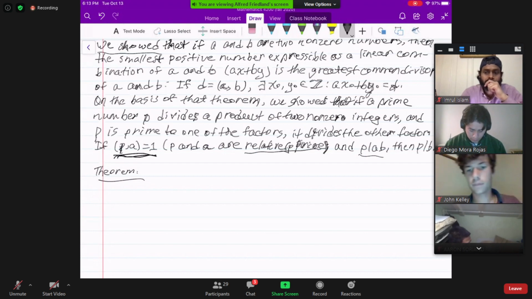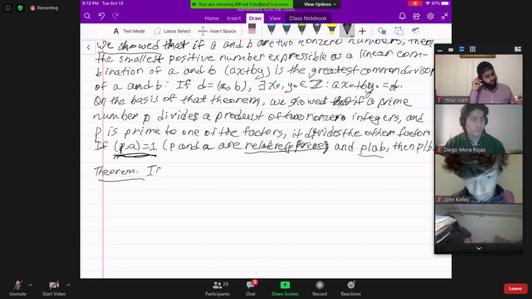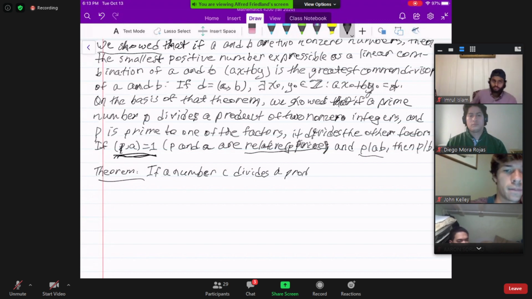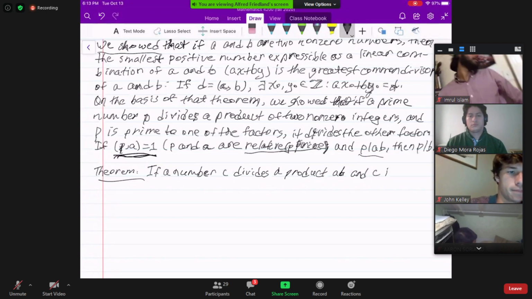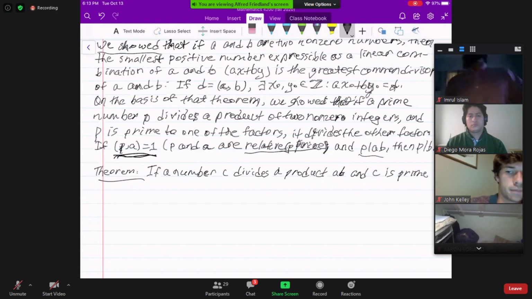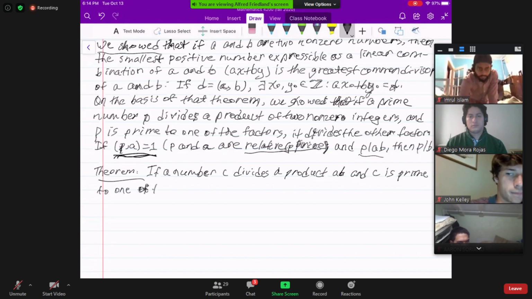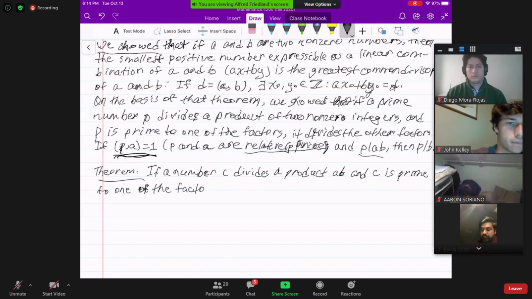Now let's prove a similar theorem that says if a number, say C, divides a product, say AB, and C is prime to one of the factors, it divides the other.